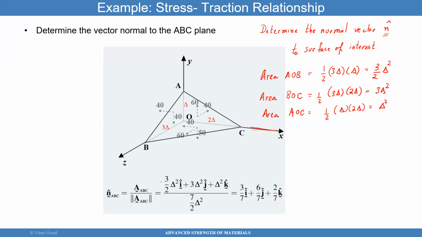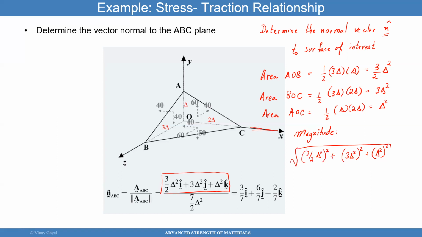So that's what you see here. I found the vector that defines the normal, but you have to make sure it's a unit vector. So therefore you have to find the magnitude, and you do that by finding the magnitude like this, and that's the magnitude of the area ABC.